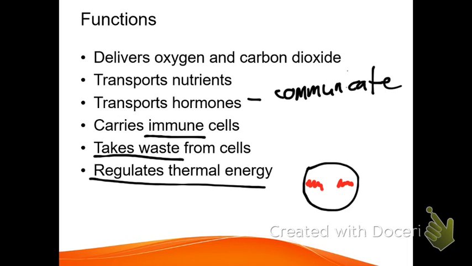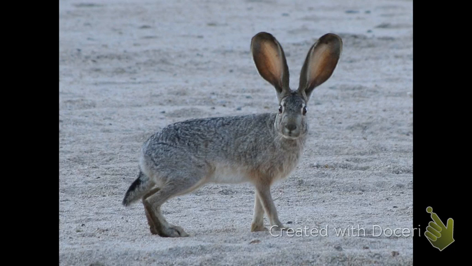This is not an embarrassed person. This is someone with red cheeks because they've been exercising so much. That's because your body is moving the warm blood to the surface of the skin, where it can be cooled by the air and by the sweat. So your circulatory system helps you cool down.